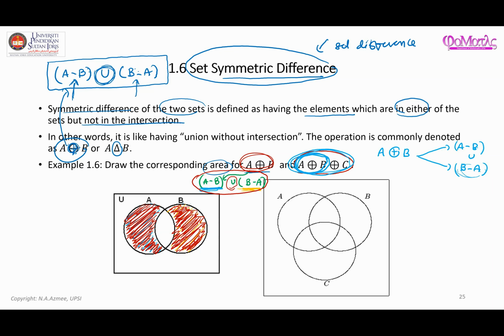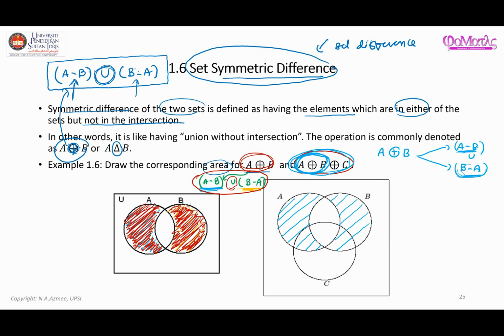Let us start by sketching the area of this one, which is given by this. Then I'm going to move on to this one, set difference B and A, which is given by this one. So there you go.